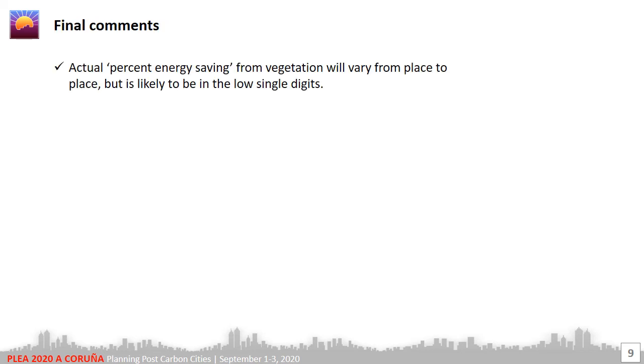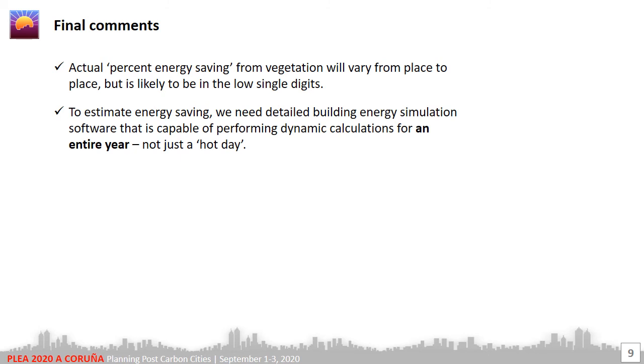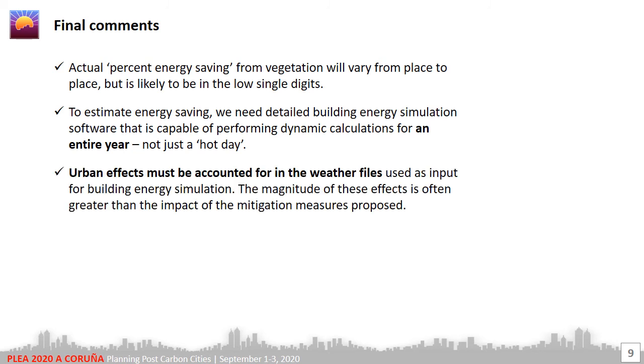To summarize, actual percent energy saving from vegetation will vary from place to place, but it is likely to be in the low single digits. To estimate energy saving, we need detailed building energy simulation software that is capable of performing dynamic calculations for an entire year, not just a hot day in summer.